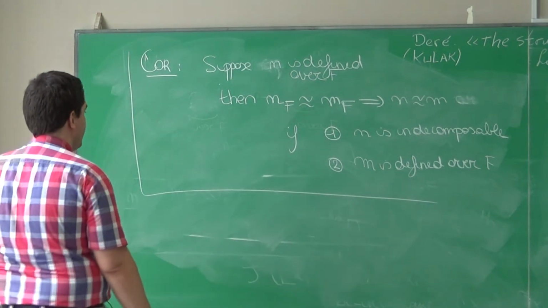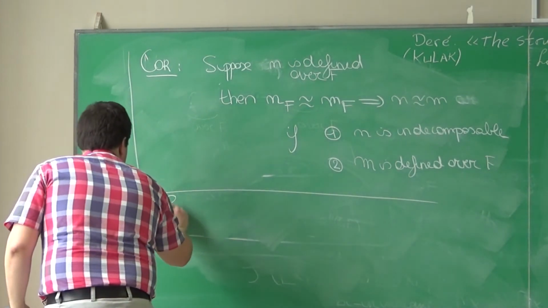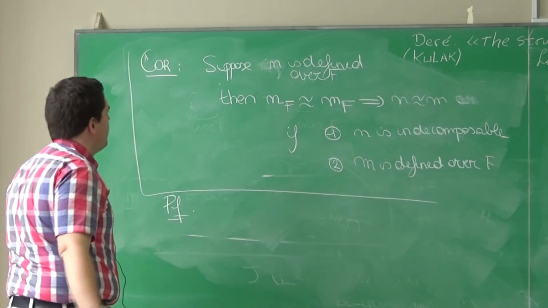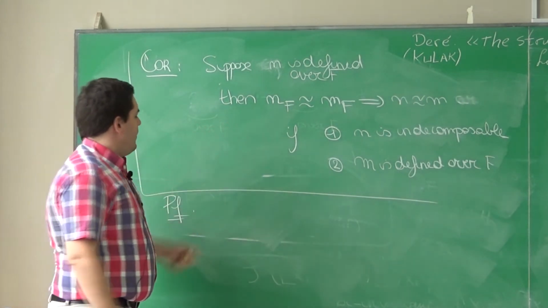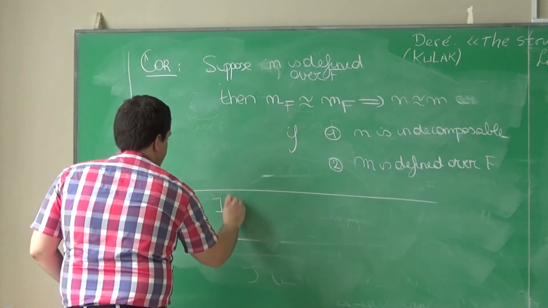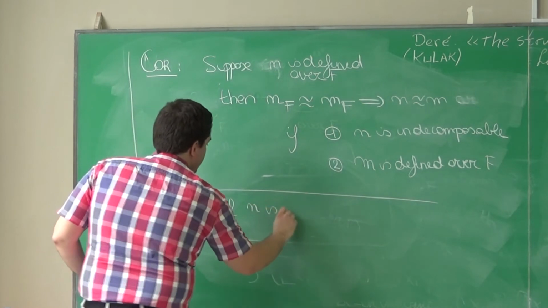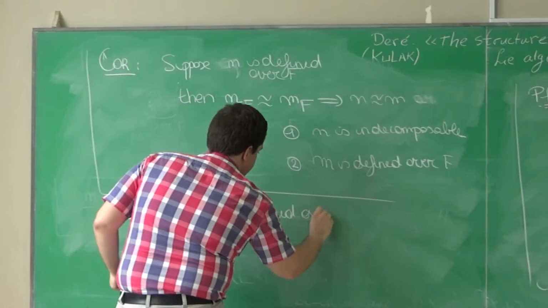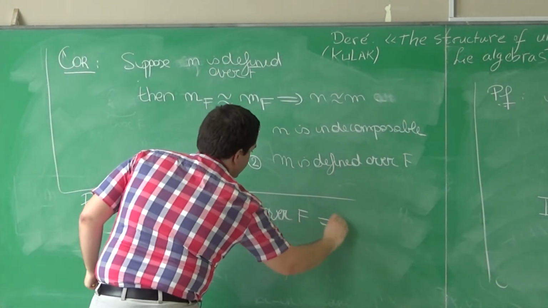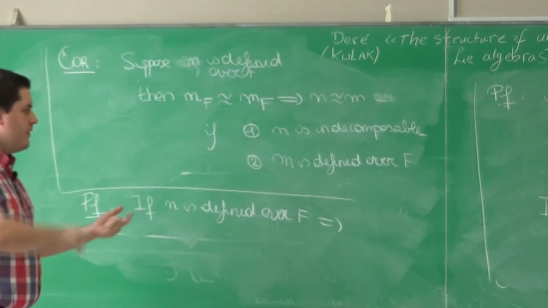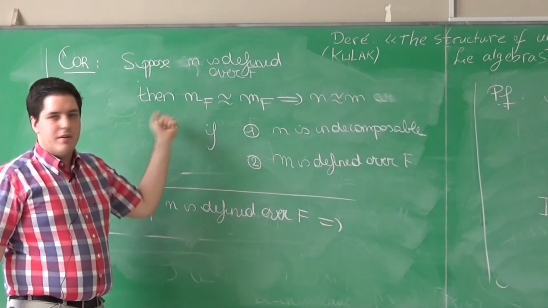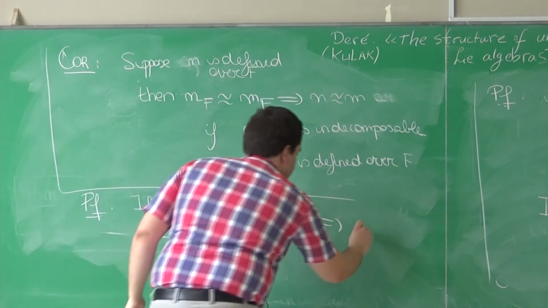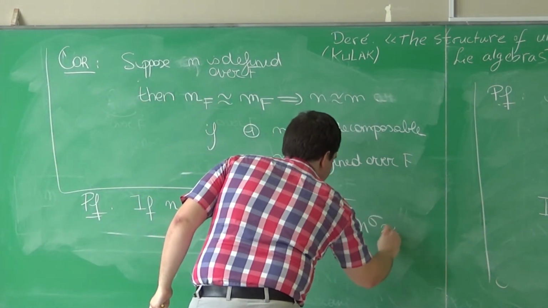And the proof, I will just prove it so you have at least one full proof. So if n is defined over f, this implies, and this is what I explained a bit earlier, that all the conjugate Lie algebras are the same. So it means that n sigma is isomorphic to n.